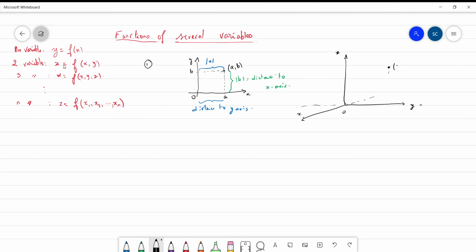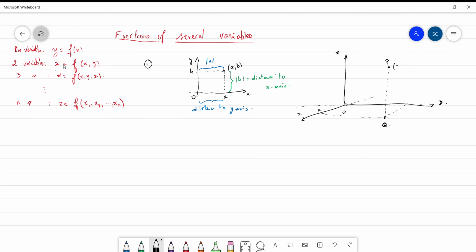To locate it in space, I look at its projection on the plane. If this is the point P, here is the projection Q. Since Q is in the plane XY, I can do the same work as before and locate it by two coordinates, a and b.